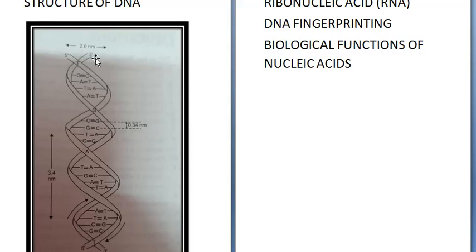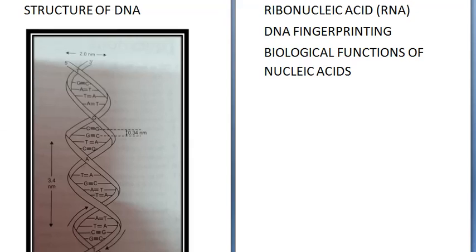Next we come to the second type of nucleic acid, which is ribonucleic acid. It is found as genetic material in some plants and animal viruses, while in other living organisms it occurs with DNA.